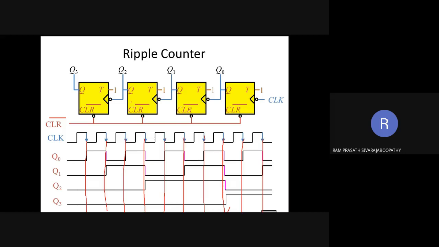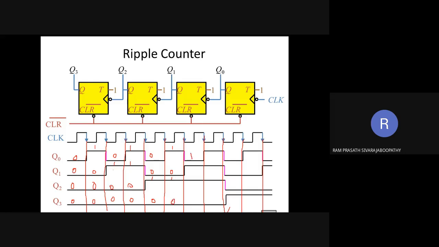Fine. So now the initial value is 0 0 0 0. Then 1 0 0 0. What about next? 0 1 0 0. What about next? 1 1 0 0. Okay, next 0 0 1 0. Next 1 0 1 0.